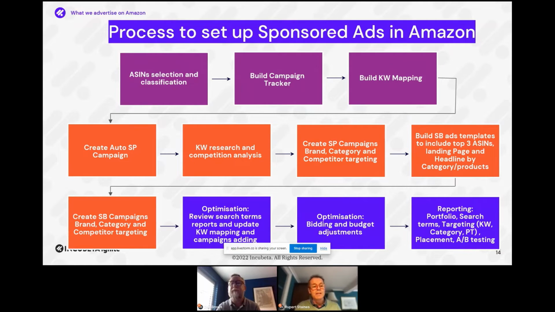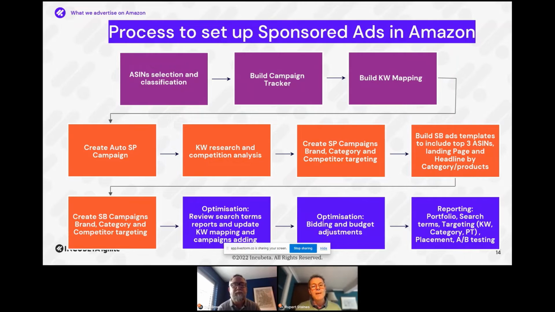We then regularly start with what's called automated sponsored product campaigns. This is where we use the Amazon algorithm to do a lot of the scraping for us in the early stages, which enables us to identify very quickly which keywords and search terms are attracting the most attention.